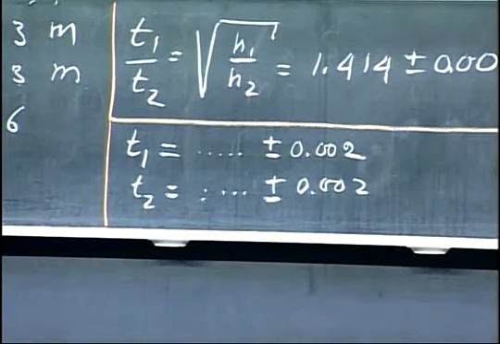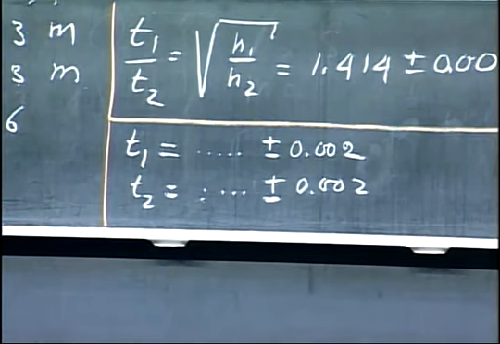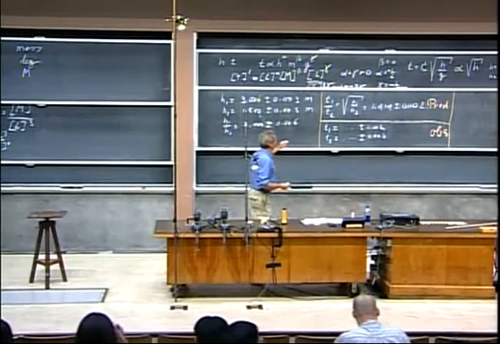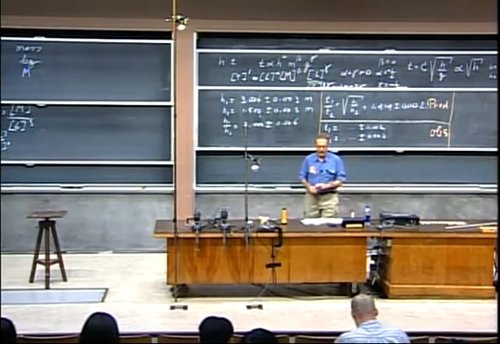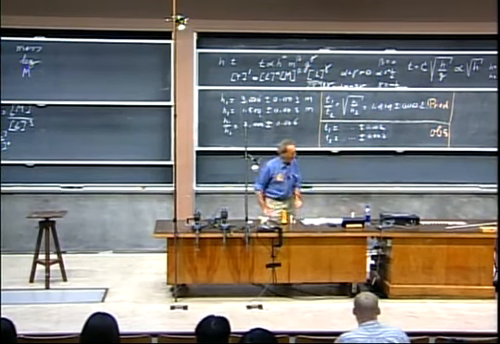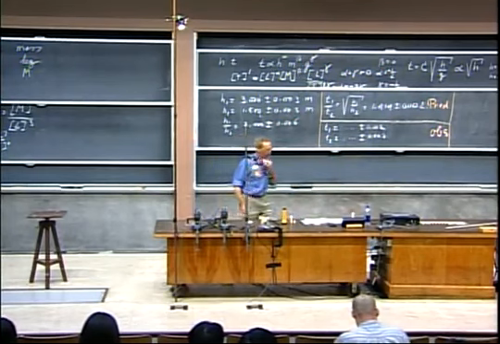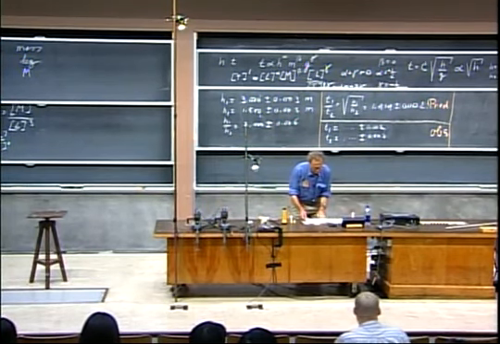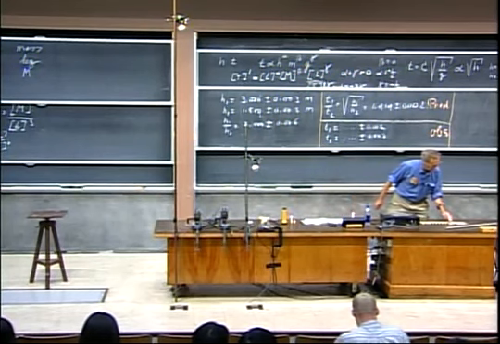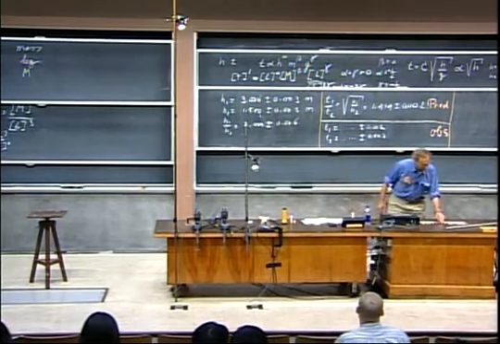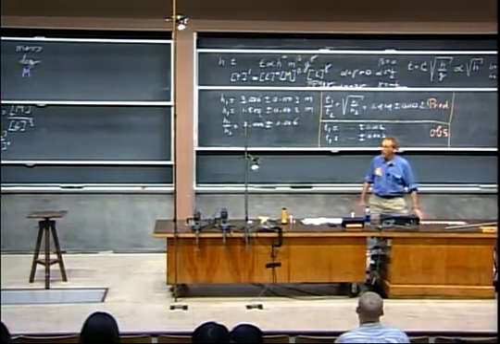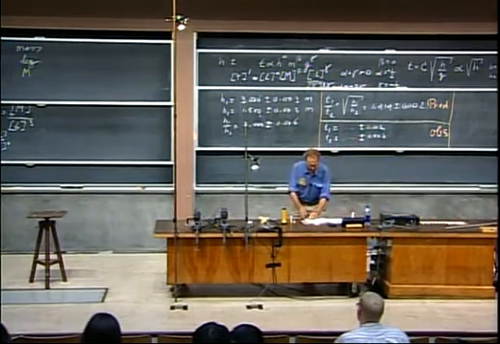So now we can measure these times, and then we can take the ratio, and then we can see whether we actually confirm that the time that it takes is proportional to the square root of the height. So I will make it a little more comfortable for you in the lecture hall. That's all right.